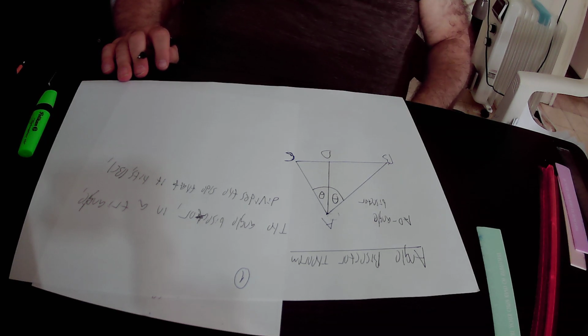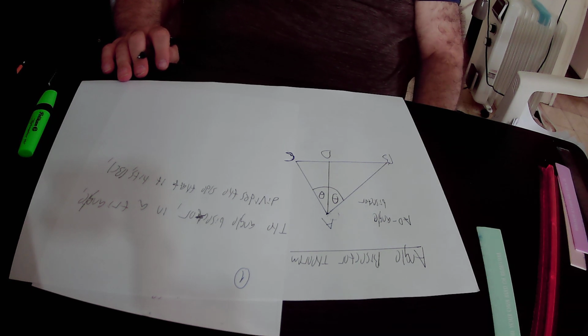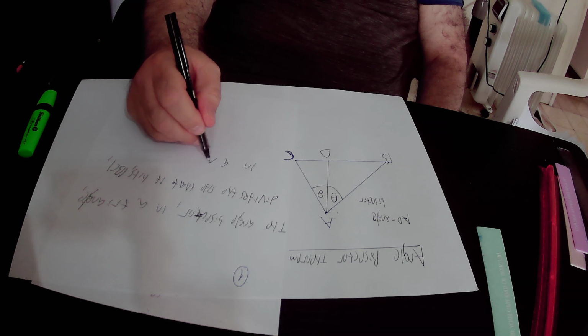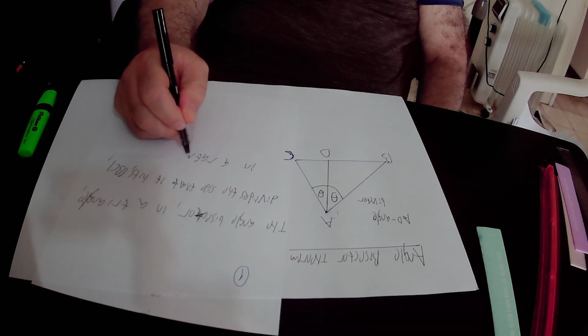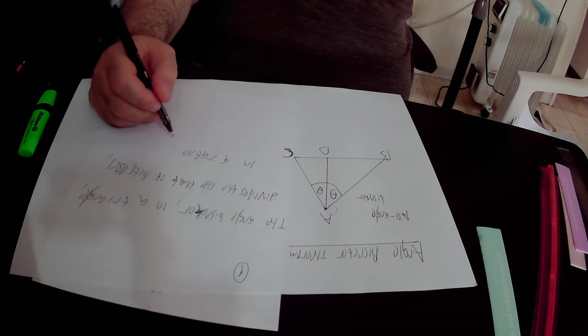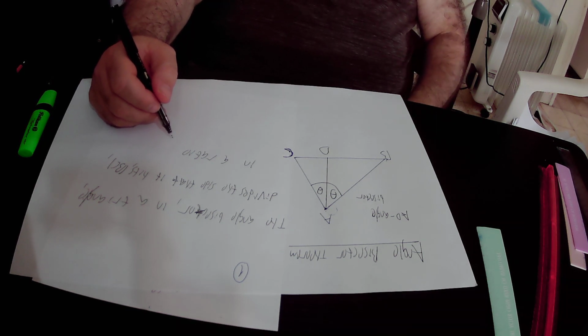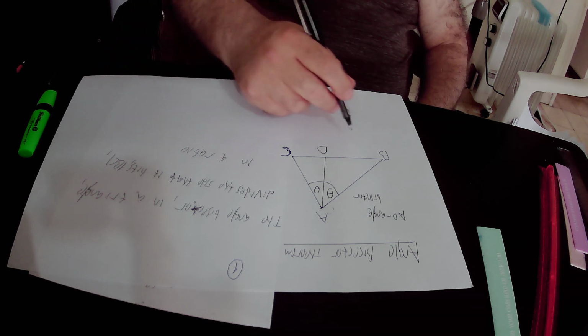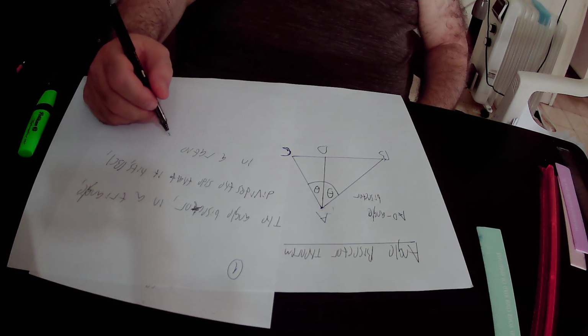So according to the angle bisector theorem, the angle bisector in a triangle divides the side that it is related to in a ratio. The ratio that angle bisector AD divides side BC is BD over DC, as I've already mentioned.